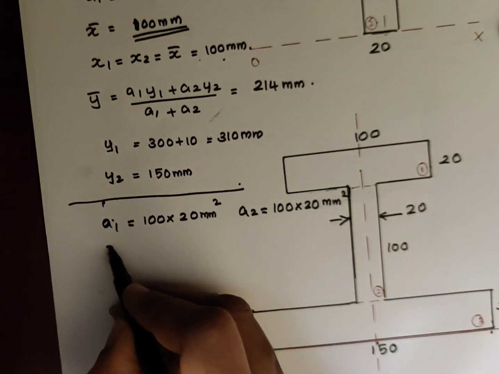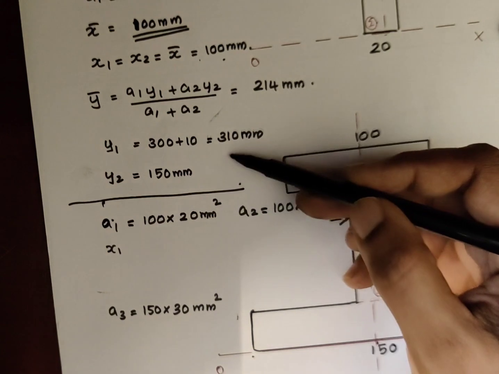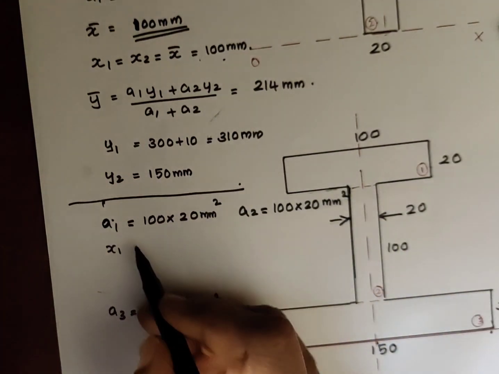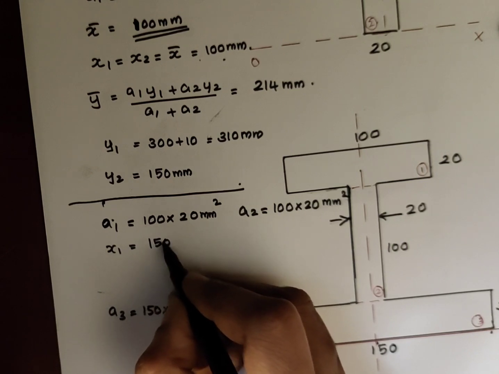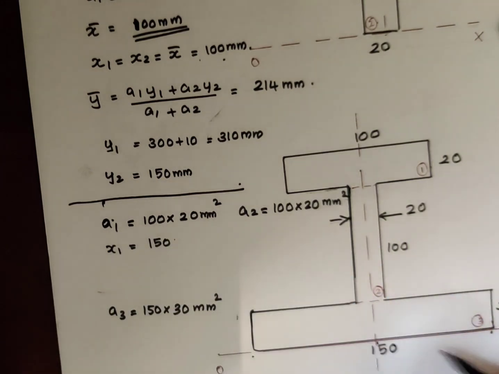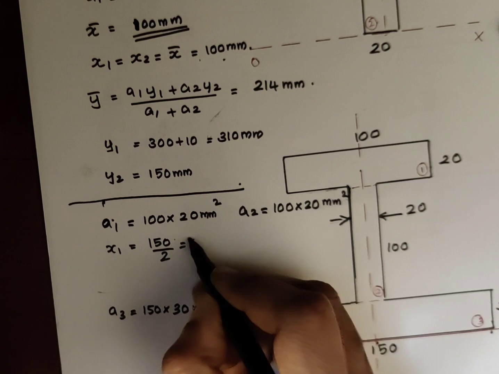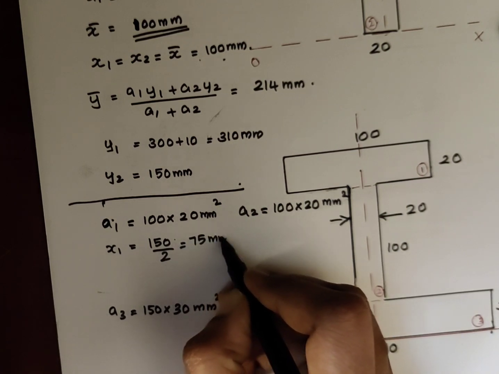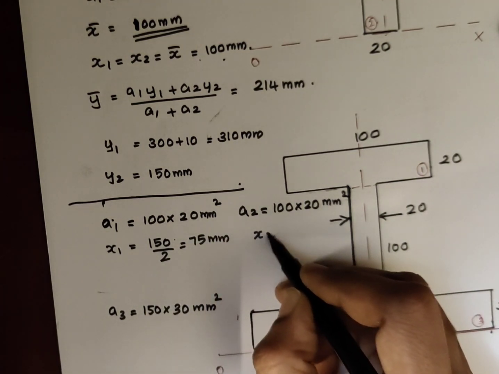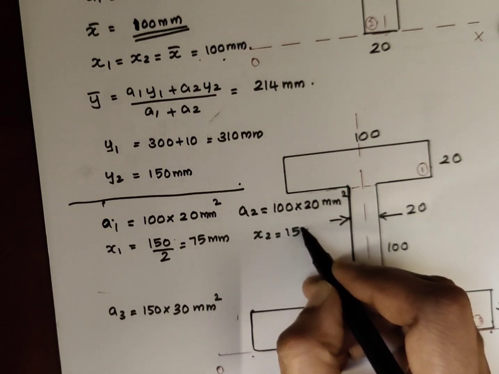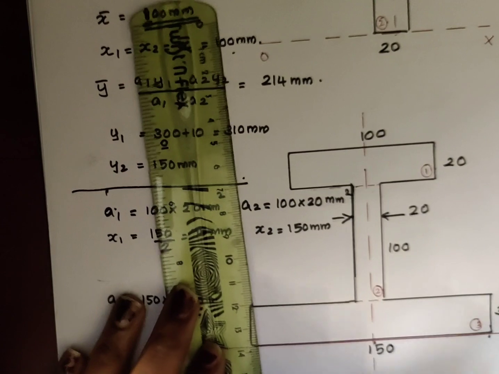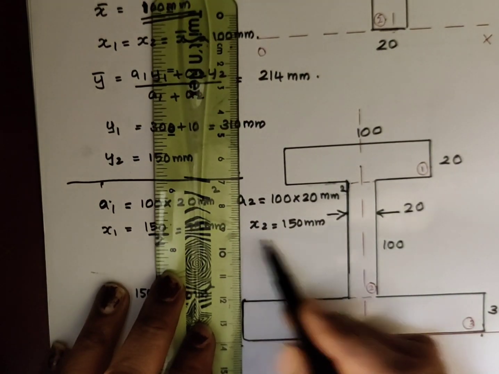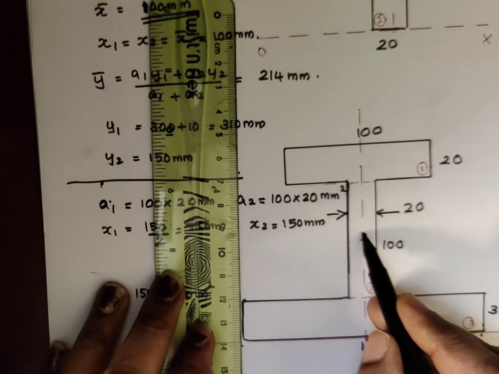So now you can write x1. x1 is measured from this reference line. So you can write here x1 is equal to 150 by 2, that is 75 millimeter. x2 is equal to 150 by 2, again measuring from this reference line to the centroid of the second rectangle. So it will be here.